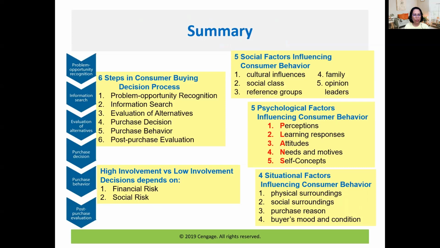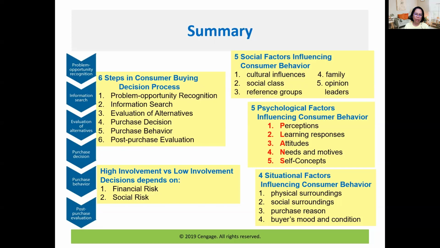We also talked about high involvement versus low involvement decisions, which depend on the financial risk and the social risk involved in the purchase. Then we talked about the 5 social factors influencing consumer behavior, which are cultural influences, social class, reference groups, family, and opinion leaders.